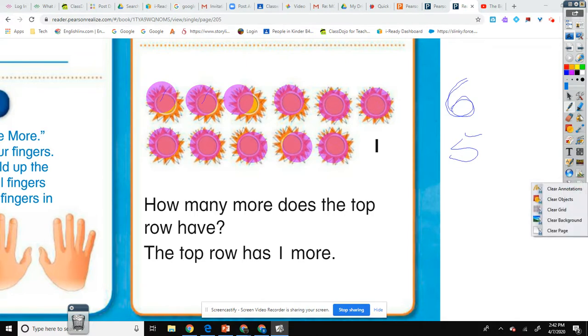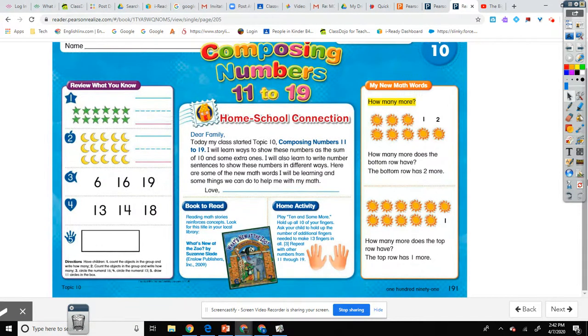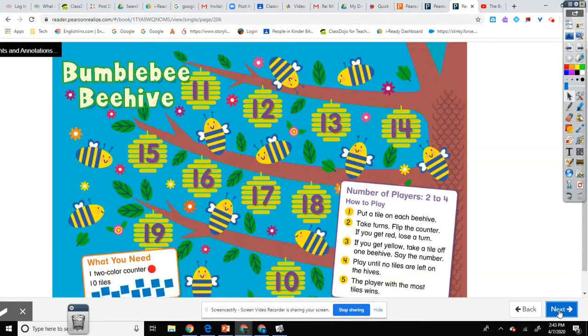Let's take a look at the back of this page. Probably, there's nothing for me to talk to you about. You just work something with your family, I believe. Let's take a look. All right, the back of this. It's a bumblebee beehive game.